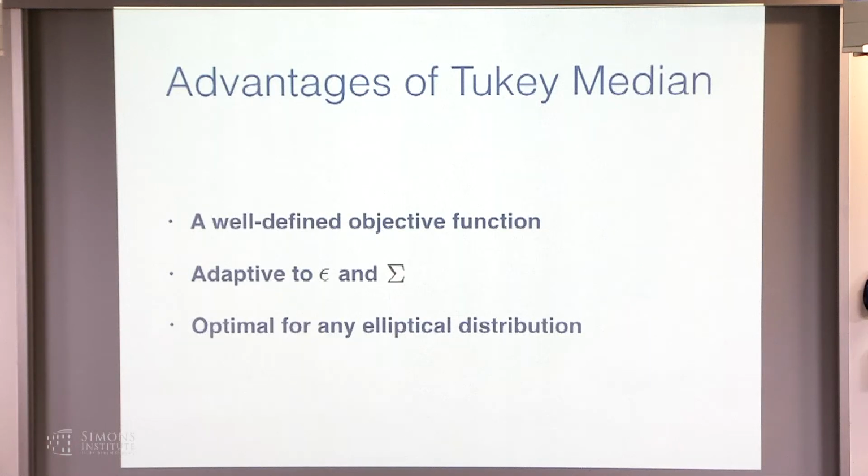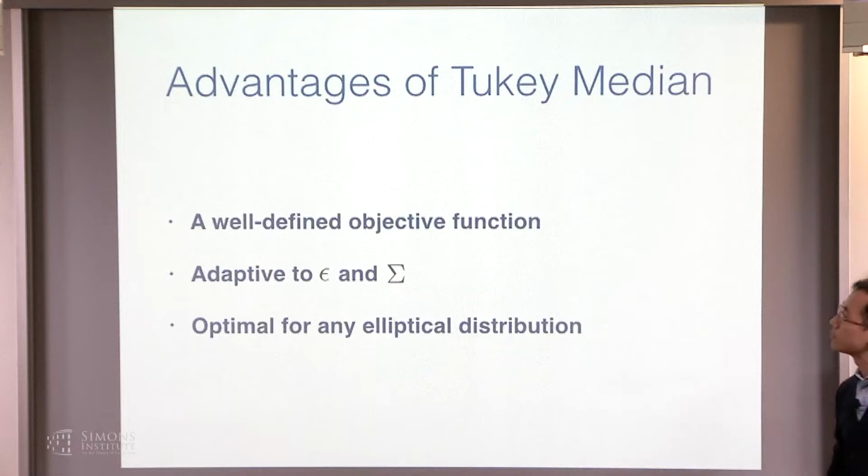And then Tukey's median also gives you an optimal estimate of the location of the center of the data. So Tukey's median is designed for estimating the population median, while the robust mean estimators in the literature are designed for estimating the population mean. When median and mean are different, then they are fundamentally different.